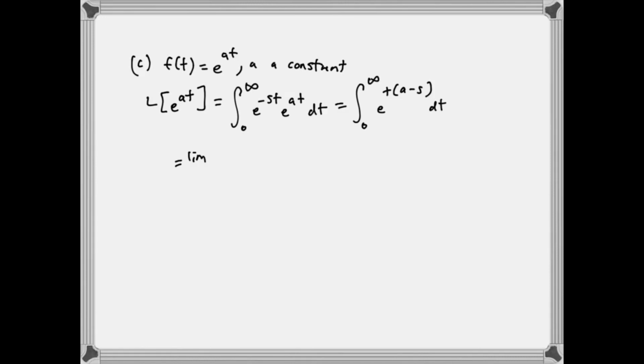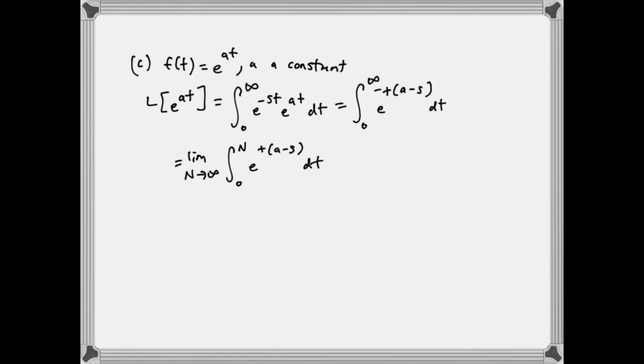So let's do the limit as n goes to infinity of the integral from 0 to n of e to the t times a minus s dt. How would we do the antiderivative of e to the t times a minus s? Well, we're going to end up dividing by a minus s.